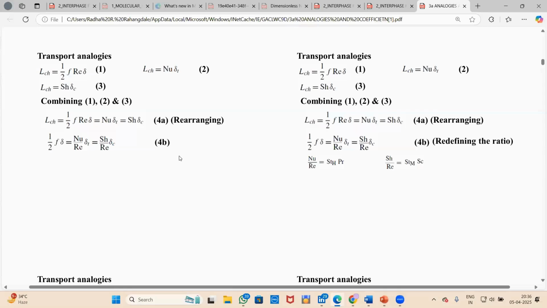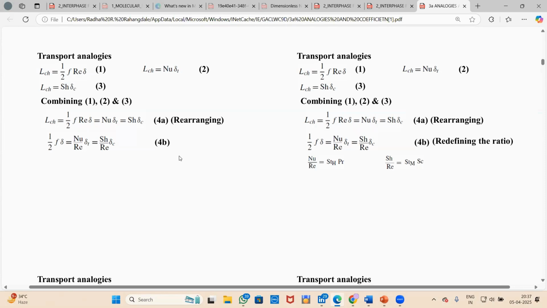Nusselt number upon Re is equal to St_H into Pr, where St_H stands for Stanton number of heat, while Sherwood number upon Re is equal to St_M into Sc, where St_M stands for Stanton number of mass, Sh stands for Sherwood number, Re stands for Reynolds number, and Sc is the Schmidt number.